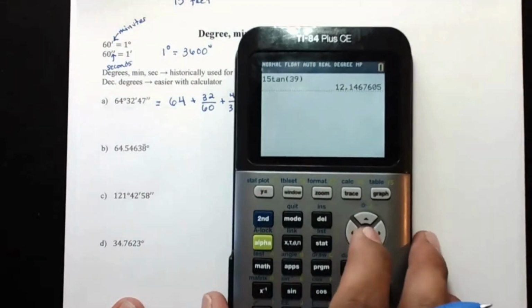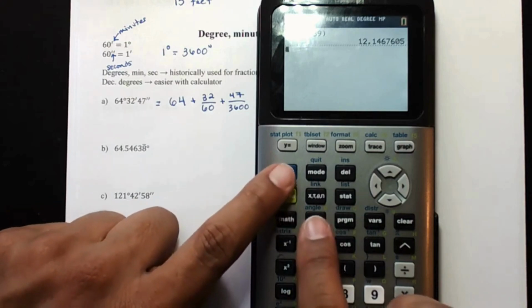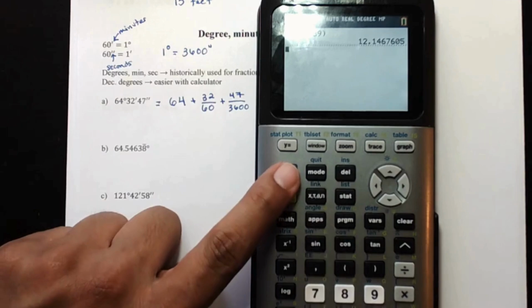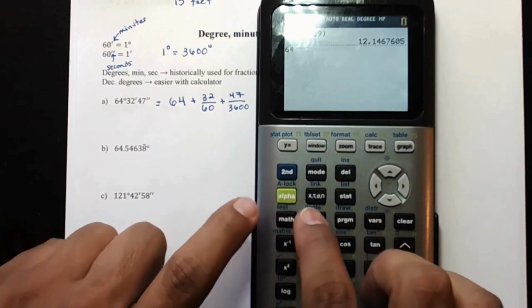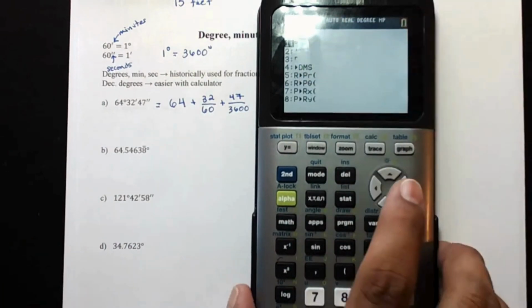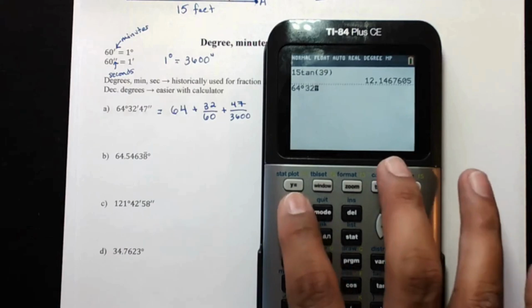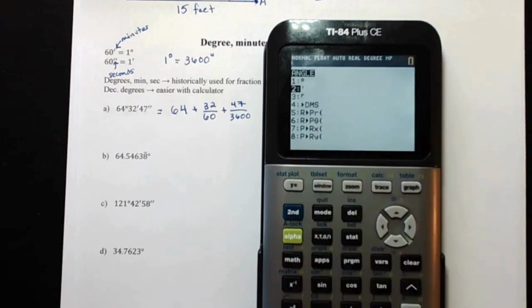So, in the calculator, above apps, right here is angle. So what we can do is type in 64. We want to do that first. Go to second apps, and notice how we have those symbols. So we have the degree symbol. We have 32, and then go back to the angle, minutes.